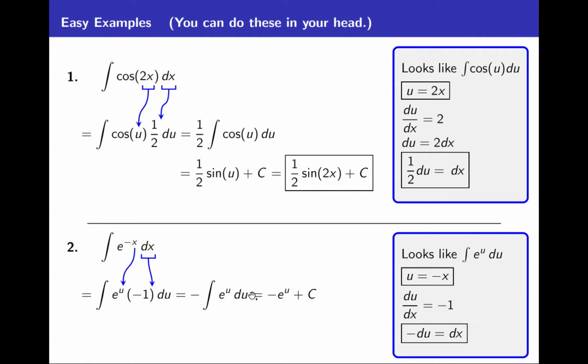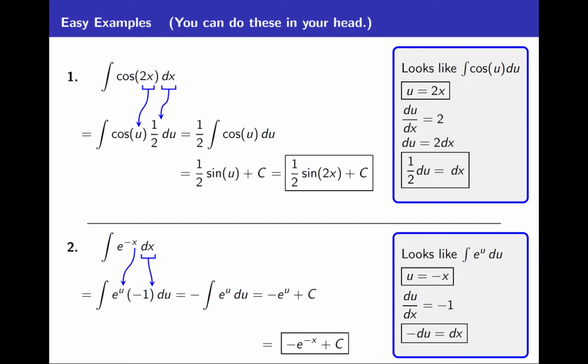And that's a familiar integration formula. So we get minus e to the u plus a constant. And that u is equal to minus x. So there it is, minus e to the power of minus x plus c. And that's exactly what we reasoned out in our heads.